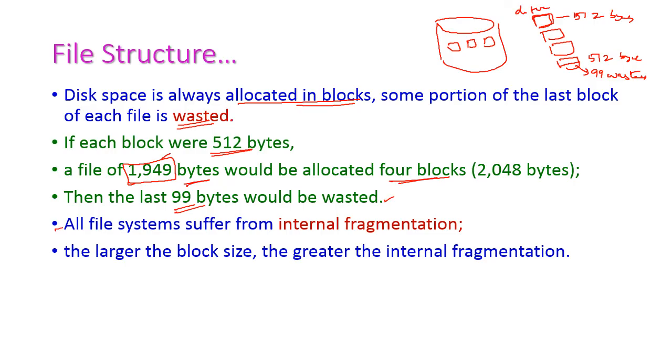Hence, the file system suffers from internal fragmentation. Okay, all these wasted bytes should be collected to form another very big block to store some other files. Okay, if the block size is large, suppose this particular block size is large, then what will happen? Internal fragmentation will also be large, the greater the block size, the greater the internal fragmentation.